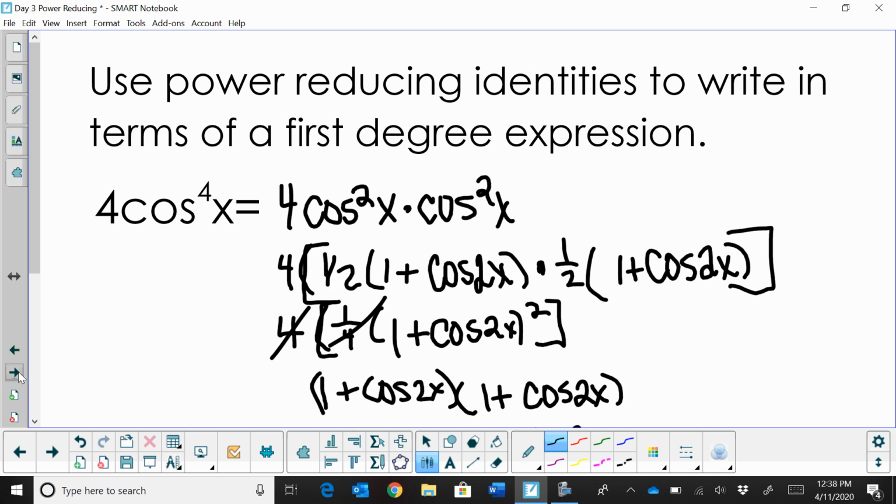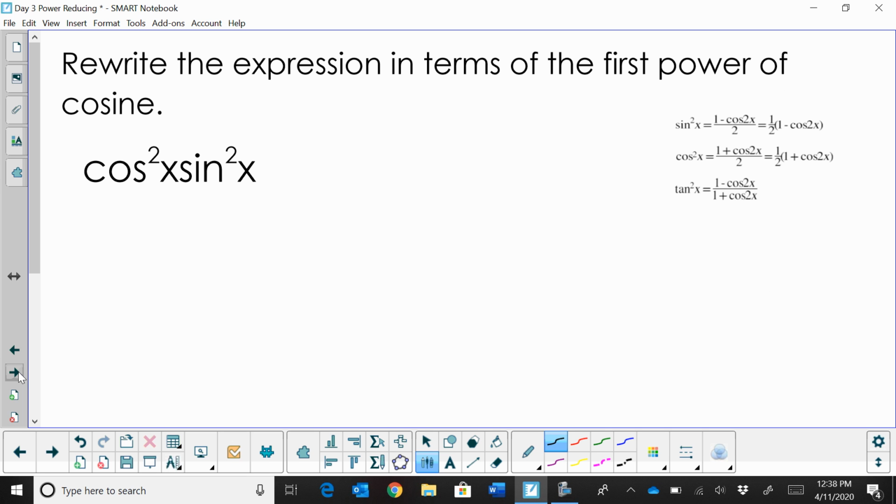So there we go. Okay, so let's try one that involves both a cosine and a sine. The nice part about multiplying these together when you power reduce, they're both going to be in terms of cosines, so that helps. So let's replace cosine squared with (1 plus cosine 2x)/2.